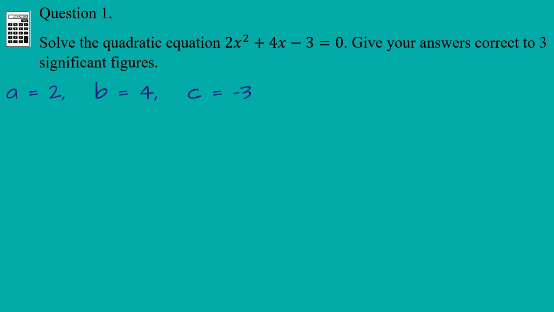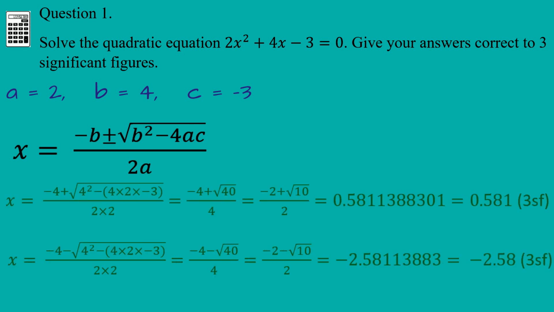Substitute these values into the quadratic formula using your calculator to calculate 2 solutions. Be careful with your signs, and use the calculations on the board to check you are calculating your answers correctly. The solutions are x equals 0.581 and x equals minus 2.58, both correct to 3 significant figures.